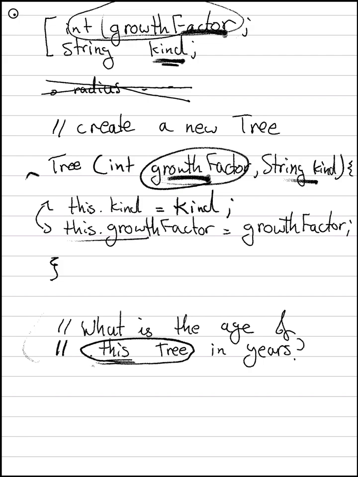So then we want to have the signature of our method. So what's its input and output? Its output is going to be an int number, I think, because it's age. Okay. And then our name is going to be getAge, for example. Yep.